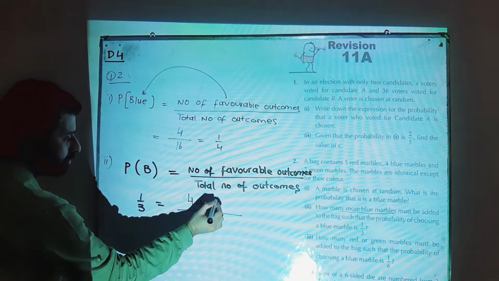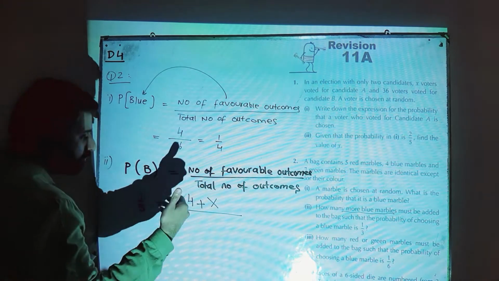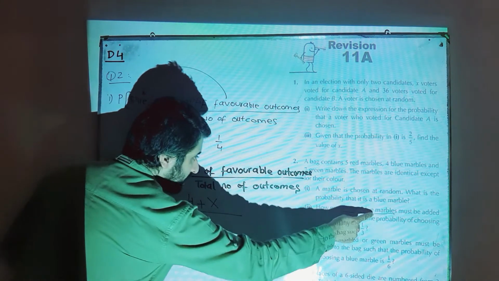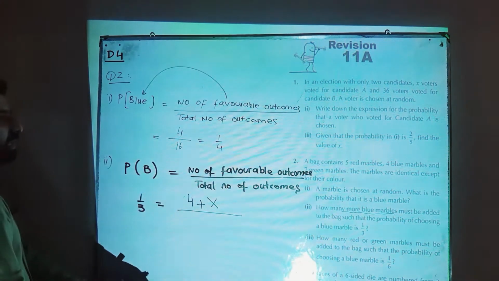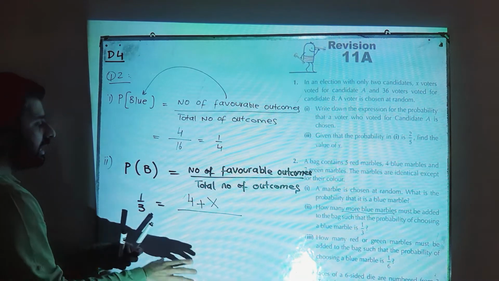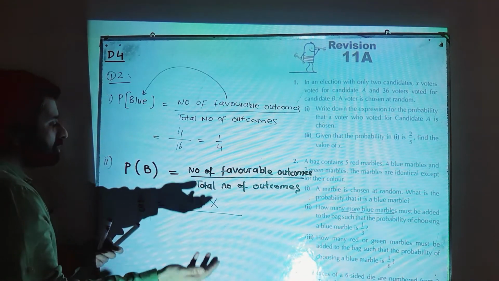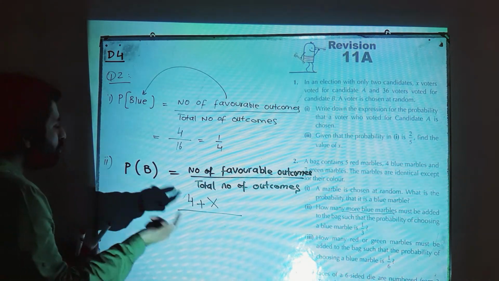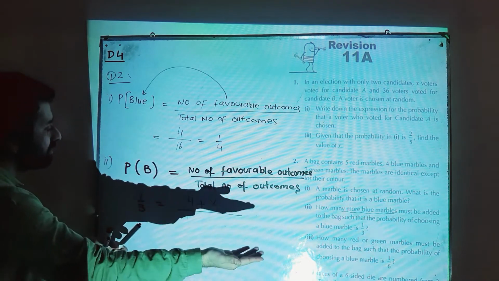So let's suppose that X is the number of blue marbles that have been added to the bag. How many blue marbles are being added, you don't know that, and for that you take X. That is a supposition that X is the number of blue marbles being added to 4, the previous number of blue marbles.